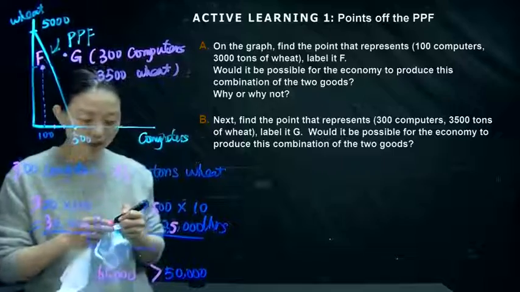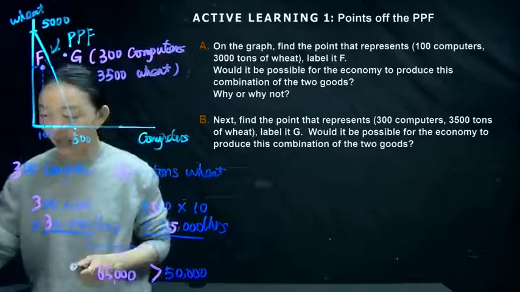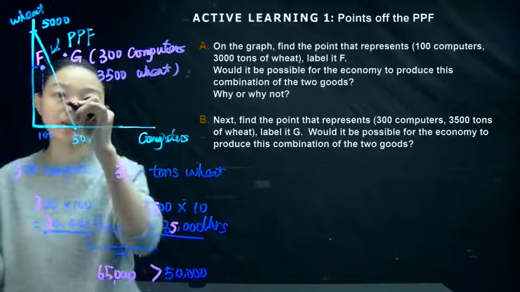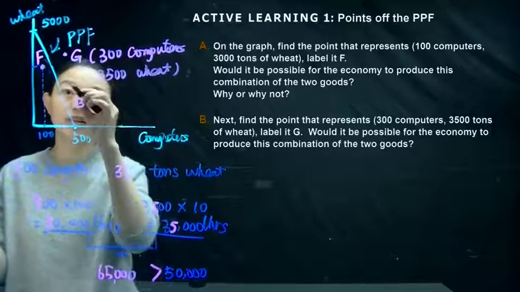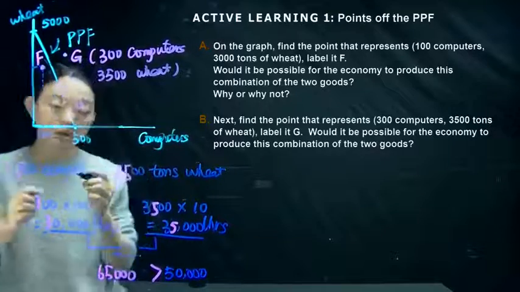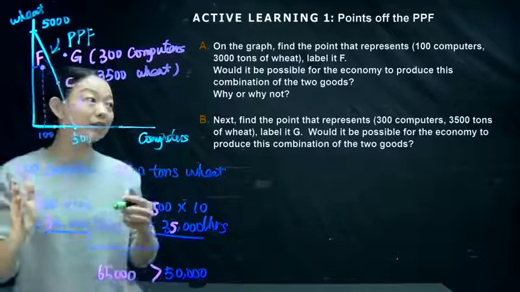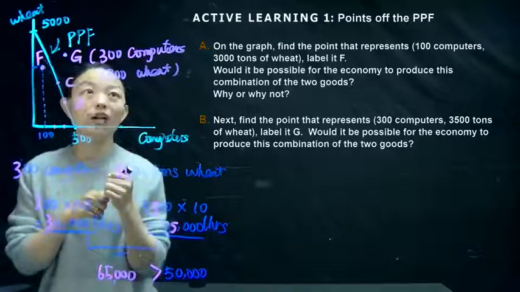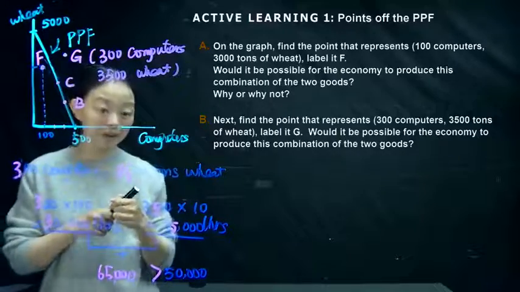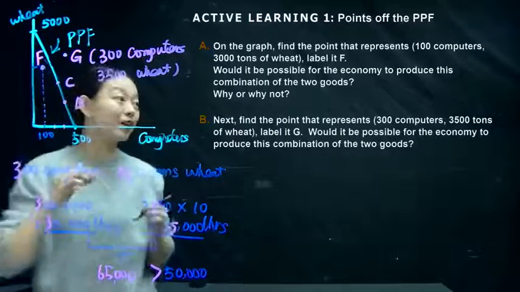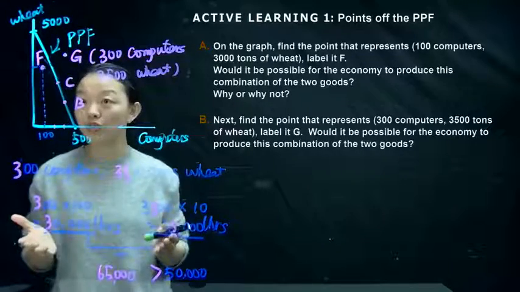Okay, so now you might notice that based on the PPF, we can have the points like the previous ones, A, B, C, D, E. Maybe this is point B, and this is point C. You can see from this graph we can have different positions of the points. Those points on the PPF, like B or C, are very good combinations because they use up all their labor hours.